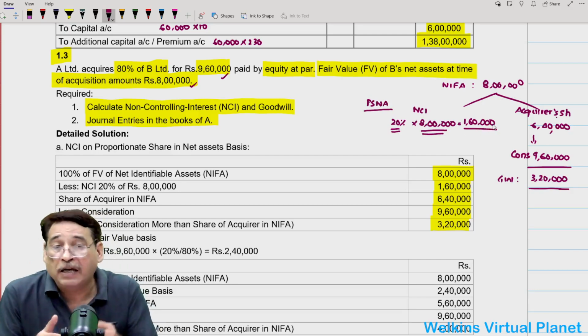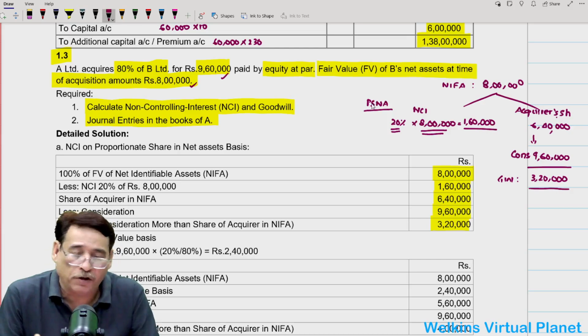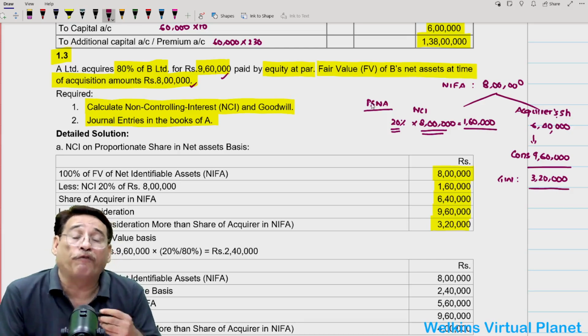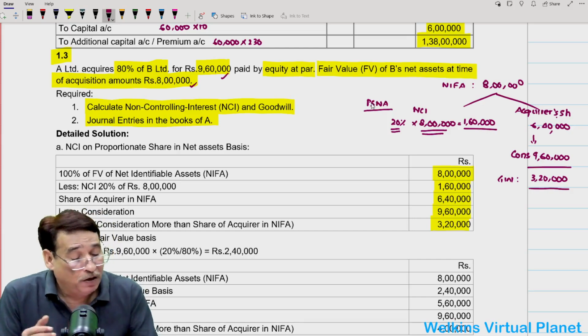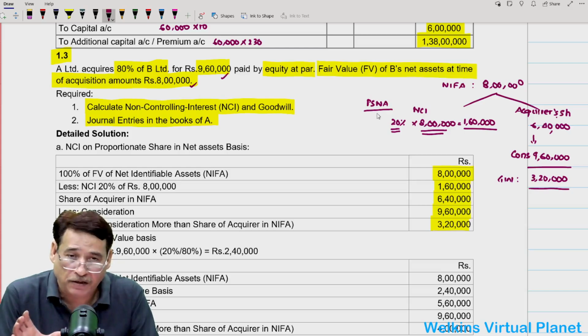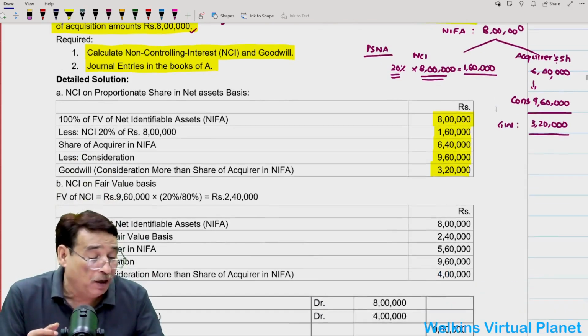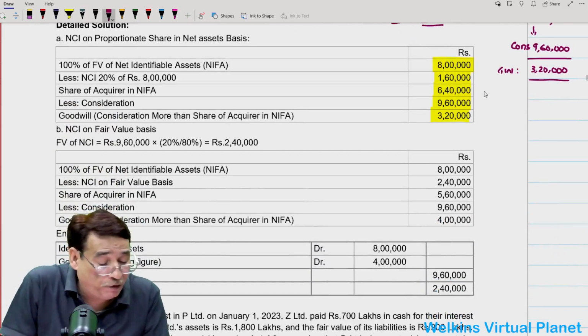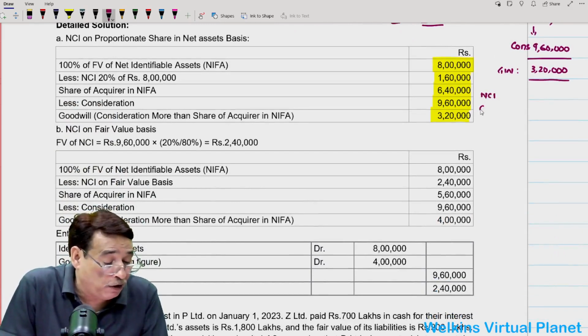It is as simple as that. Correct? NCI can be computed on proportionate share of net assets basis or on fair value basis. So this time we have computed the value of goodwill by taking NCI on PSNA basis. Now suppose I would have computed NCI on fair value basis.